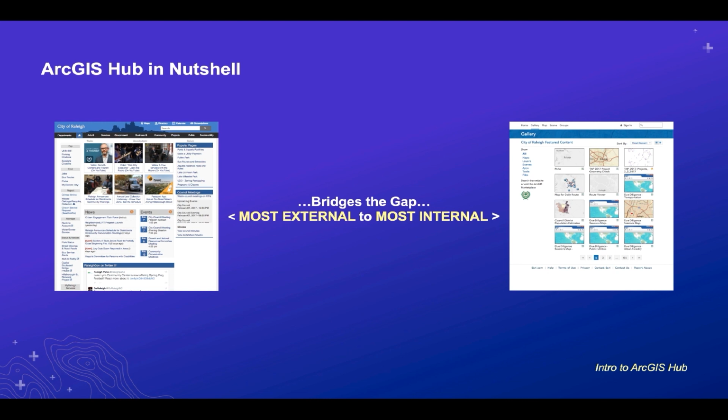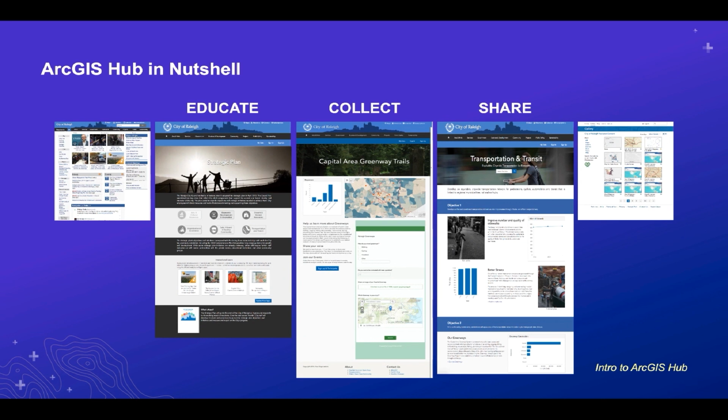They used Hub to kind of bridge the gap from that most external to that most internal. In that fashion, they leveraged 3 of the 4 patterns we're about to walk through. They spun up a Hub site to educate, to collect, and to share information. We're going to define each one of those terms, but you can see that actually the branding was consistent across from their most external experience, at the same time being powered by the authority of their internal ArcGIS Online home application.